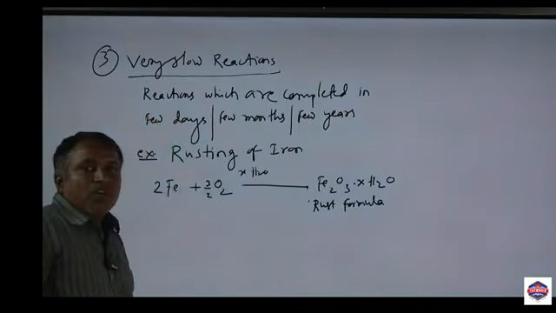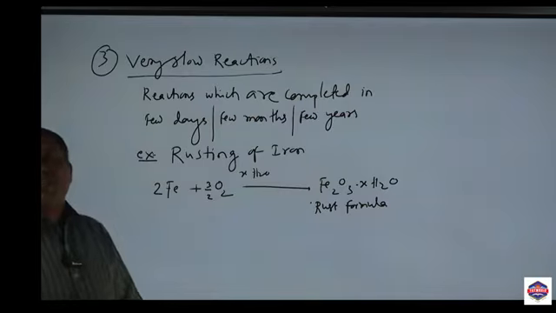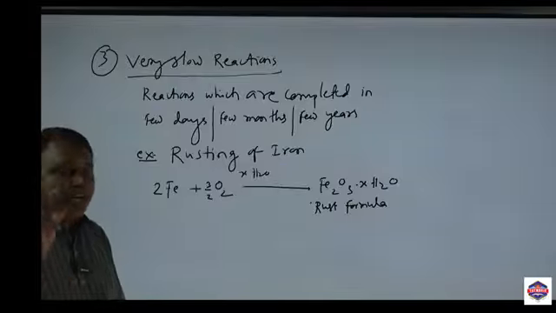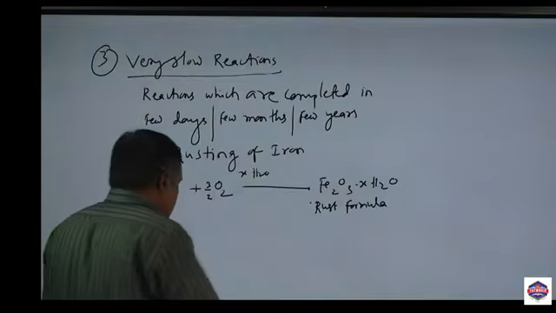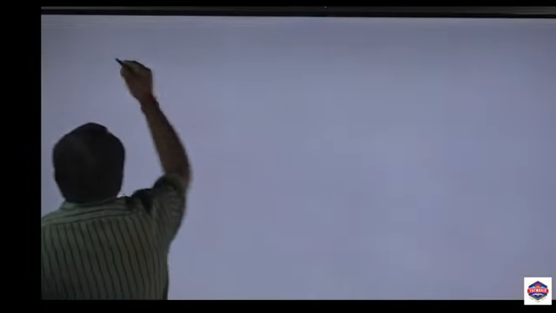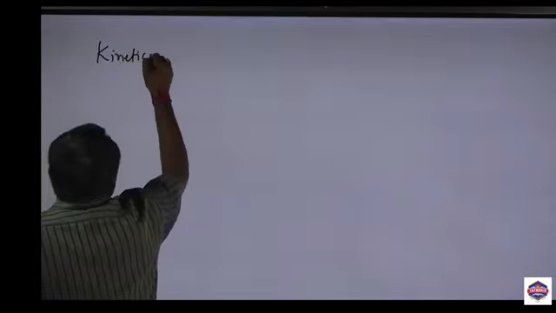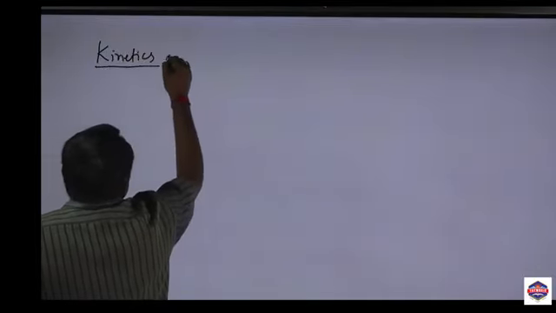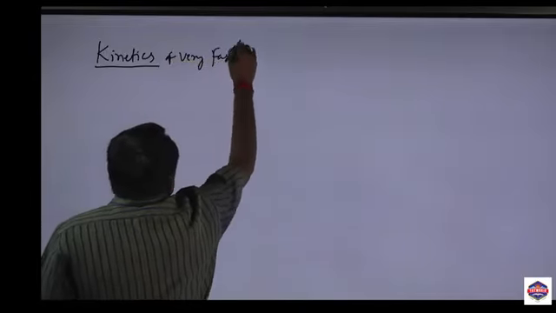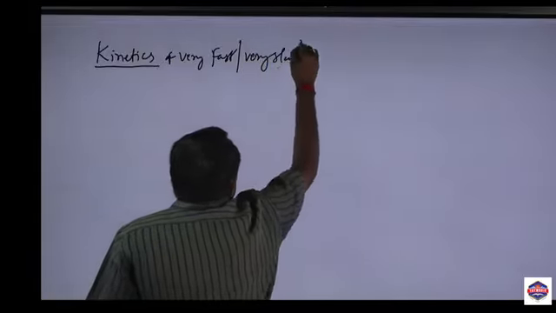Now we are going to discuss the kinetics of three different types of reactions: very fast, very slow and moderate reactions.